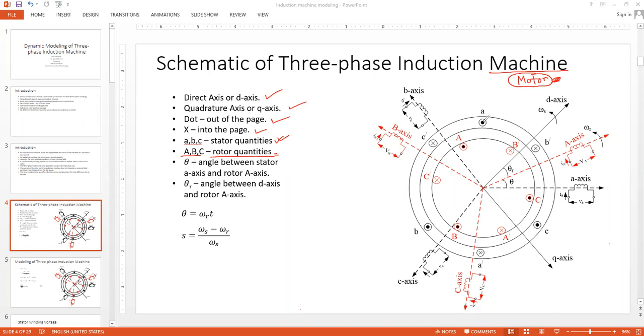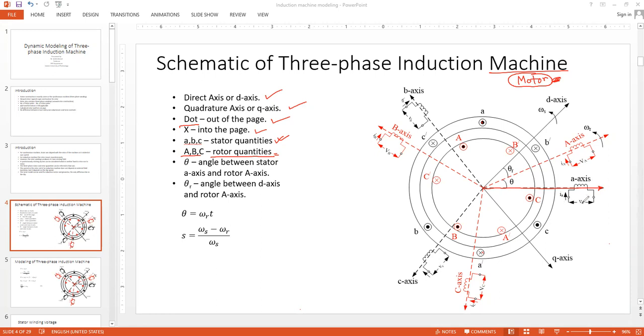The current is coming out of the page at the dot and going into the page at the cross. If you apply your right hand thumb rule, your magnetic flux axis would be along this line. So this is your magnetic A axis for the stator A coil. And this is the physical coil. The phase A current is entering into the coil, and this is the applied voltage per phase, that is phase A voltage, VA.